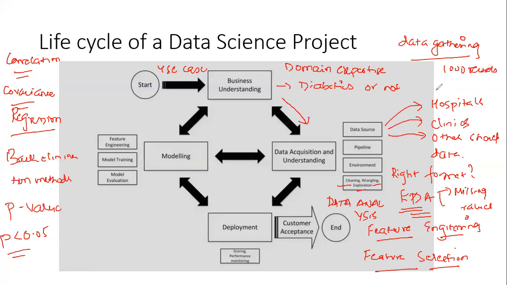Suppose 900 records say that the person does not have diabetes, and only 100 records say that the person has diabetes. This is a completely imbalanced data set, because the ratio is 9:1, which is very bad.